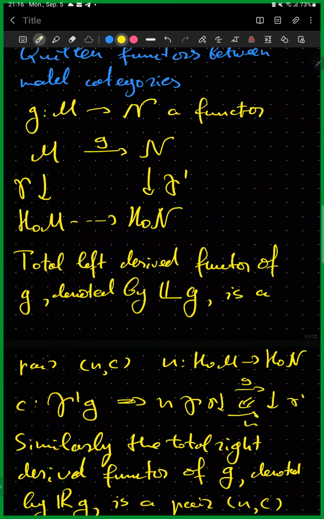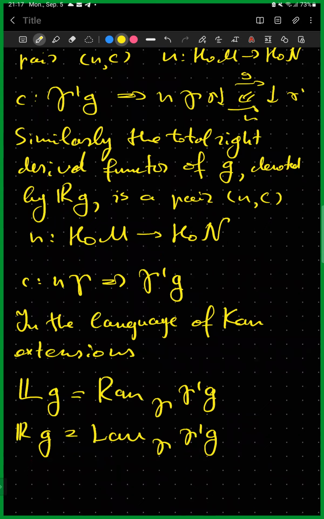However, if M and N are model categories, then there is a specific kind of functors for which we can guarantee existence of total left and total right derived functors. And also we can describe these functors explicitly. Of course, there is a semi-explicit formula for Kan extensions, but it is not as explicit as what we're about to construct.